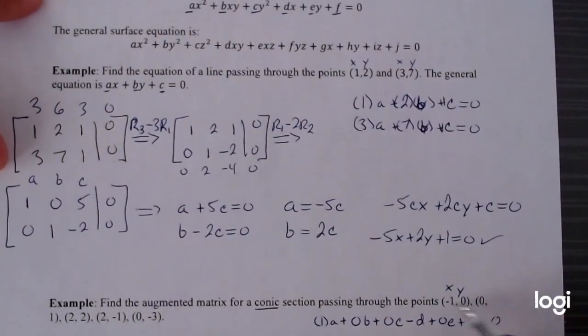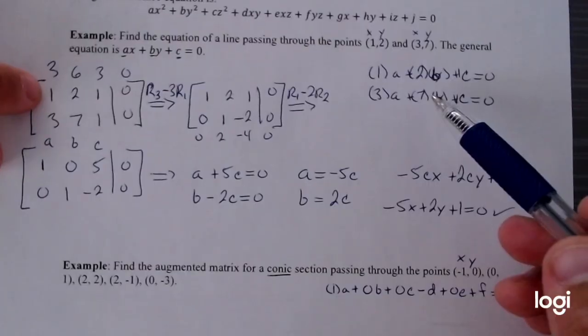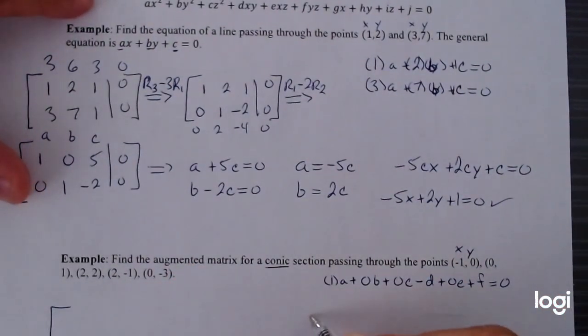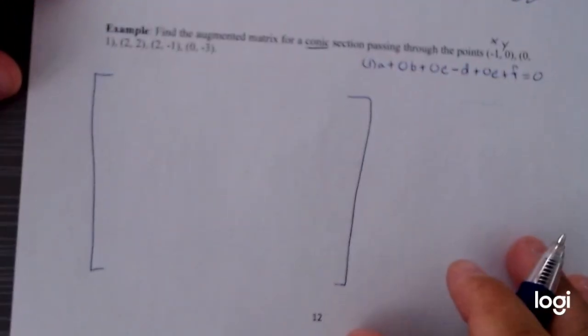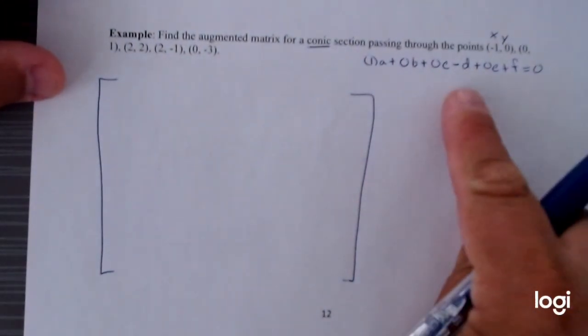So we have to do this for each individual point, so 1, 2, 3, 4 more times. And just like we did here, right? We had 2 here. So now, in our augmented matrix, the first row is going to be exactly this.